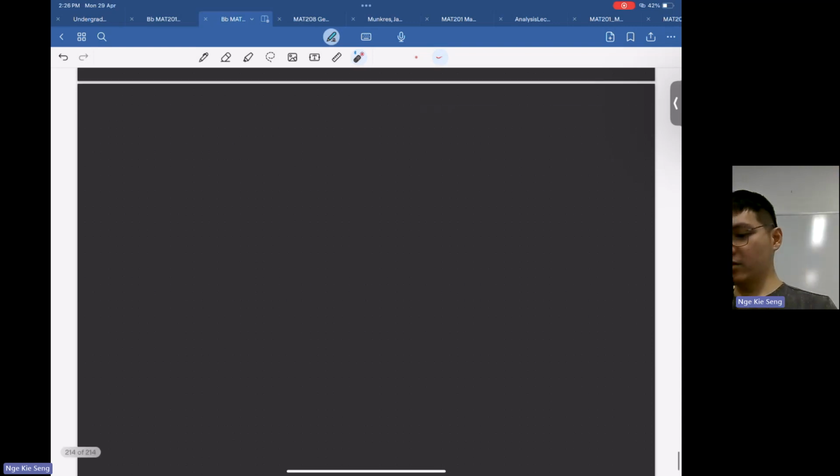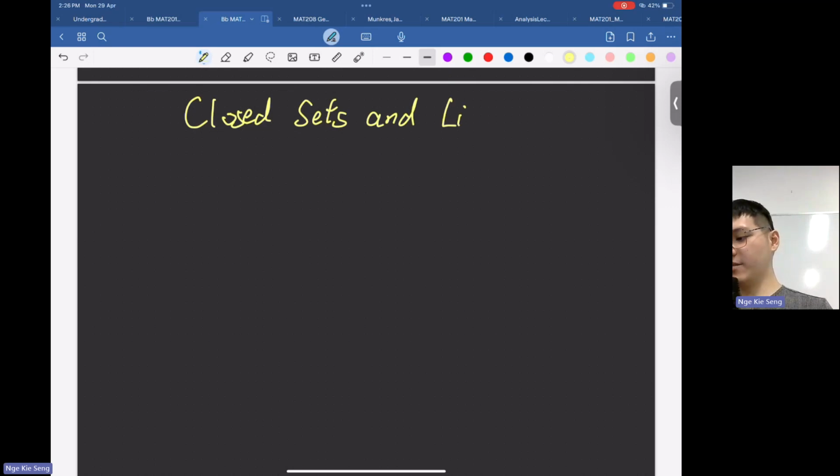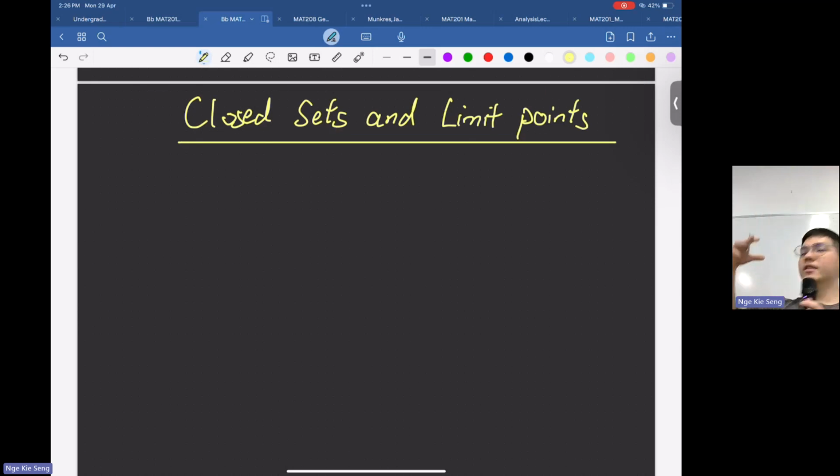And now we return to talk about closed sets. You can observe that the closed set definition and limit points resemble a lot the closed sets and limit points in metric space. Literally the same terminology, but in this chapter we will use open sets and closed sets to talk about limit points. So let's define closed first.